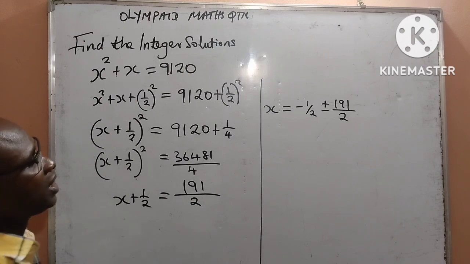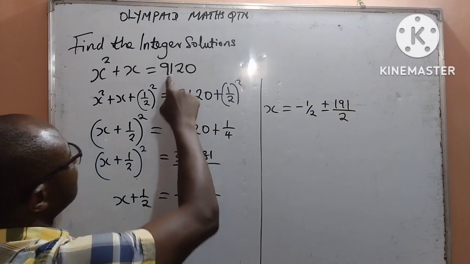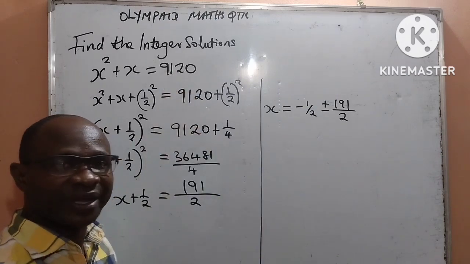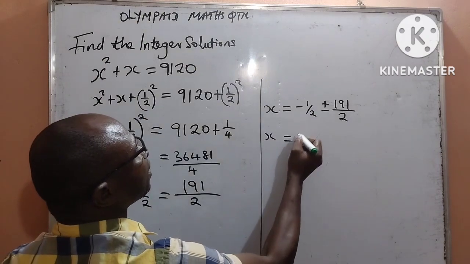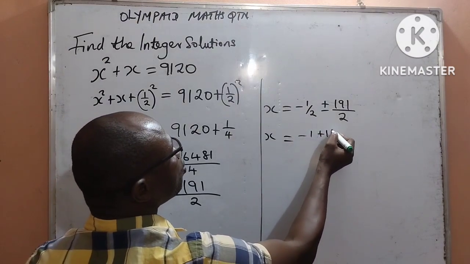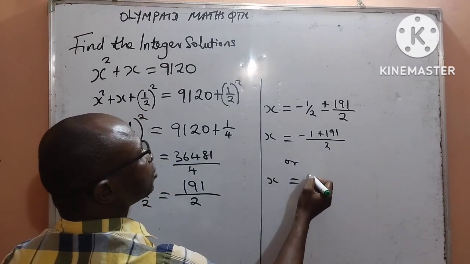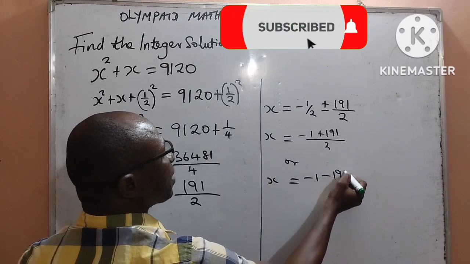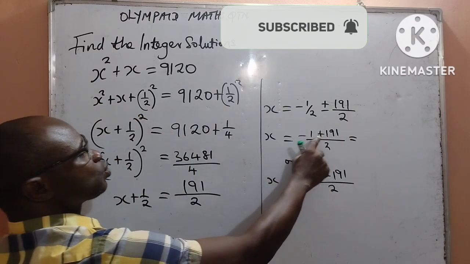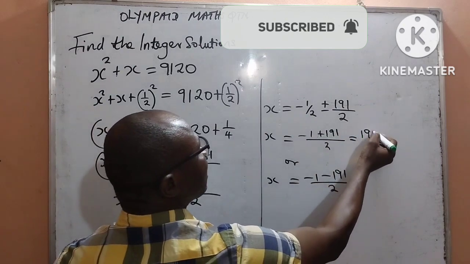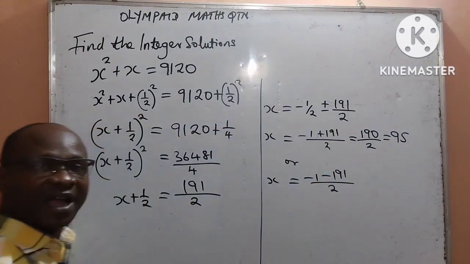Now I have plus or minus. I will use plus to get the first integer solution and then take minus to get the second root of the equation. That means that my x will be equal to (-1 + 191)/2, or x will be equal to (-1 - 191)/2. If I work on this, -1 + 191 will give me 190/2, and when I take the division, I shall get 95.